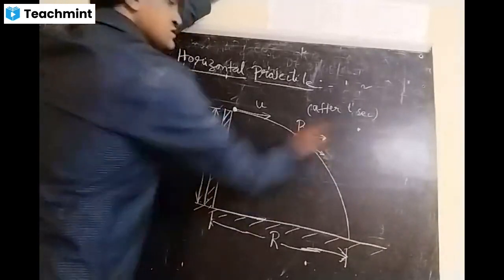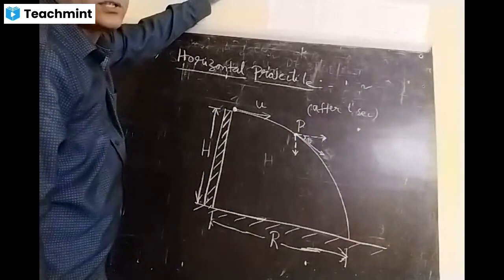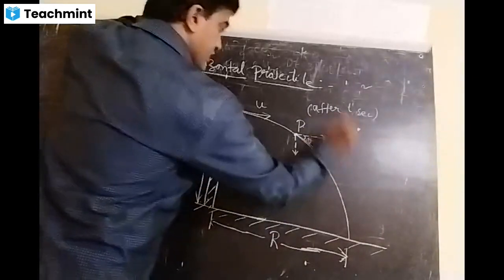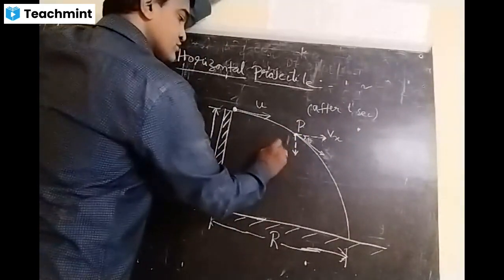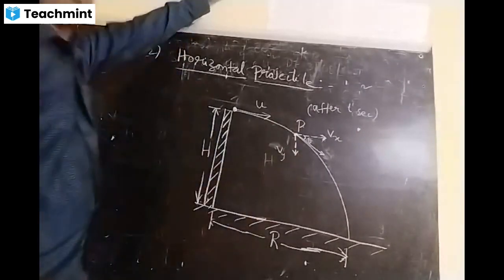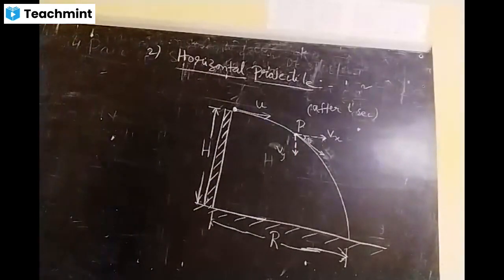The horizontal component of velocity we denote with Vx, and the vertical component of velocity we denote with Vy. Now, I want the values of Vx and Vy after time t seconds.